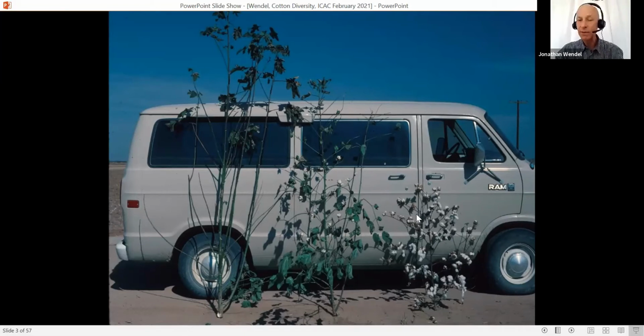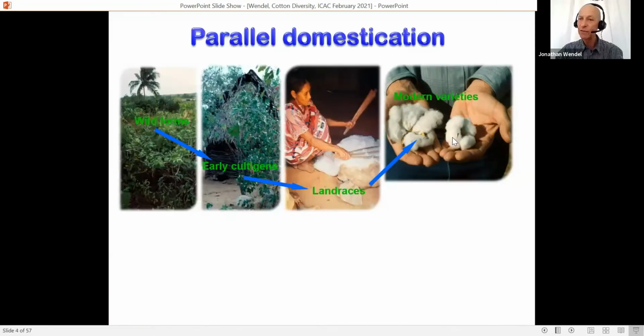And this is the process of domestication. It involves starting from wild forms, going through early cultigens, landraces, and ultimately, just in the last few hundred years, developing annualized forms, and then ultimately the modern varieties that dominate cotton commerce today.